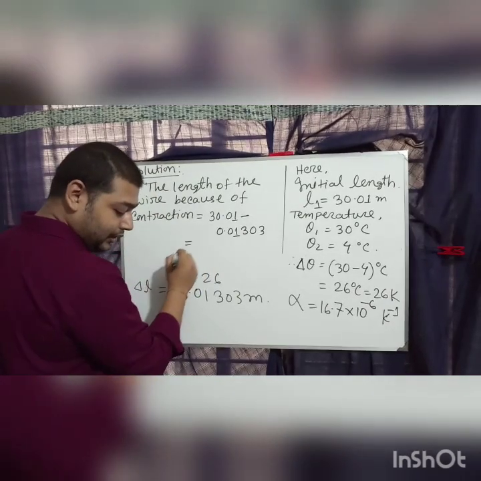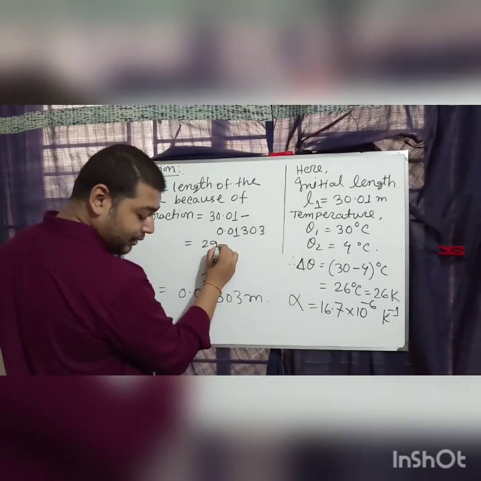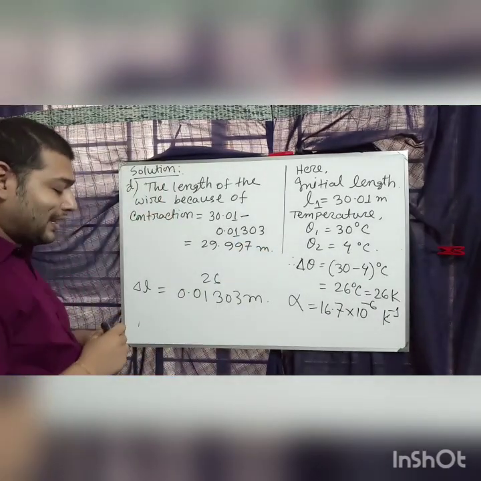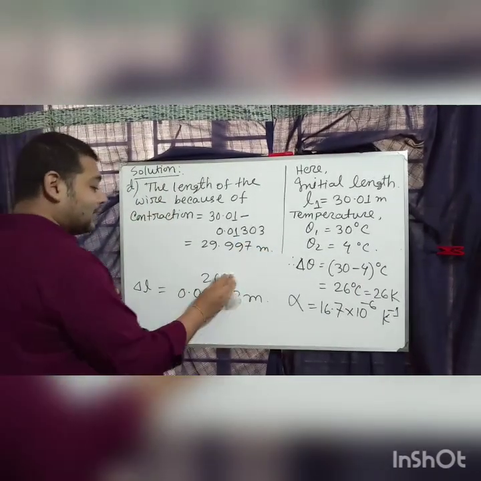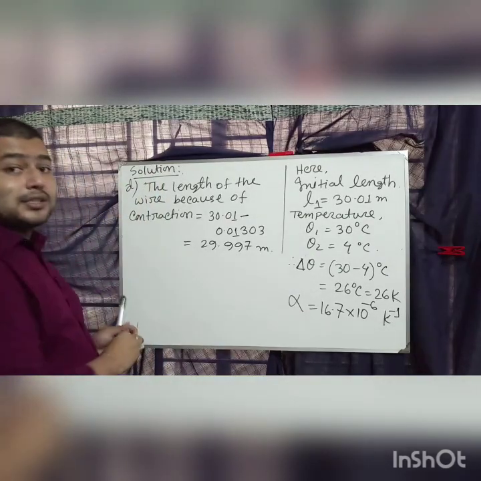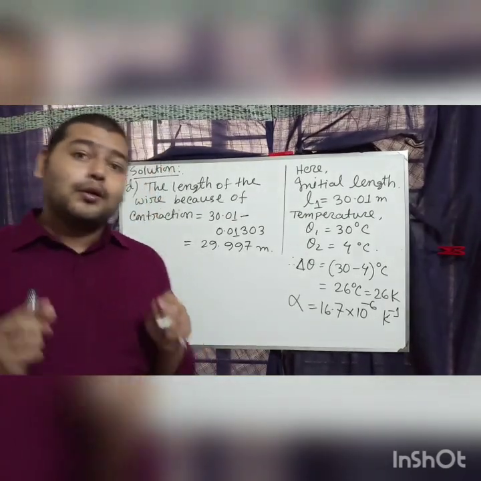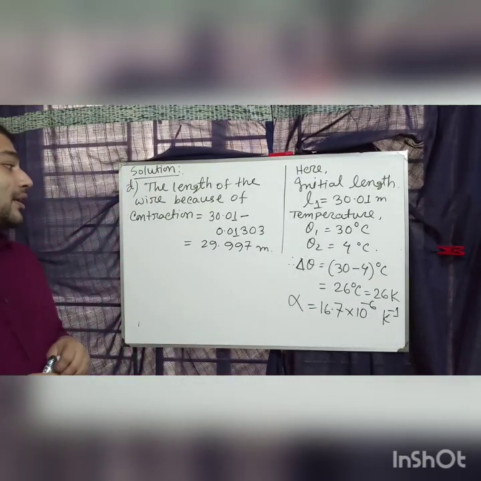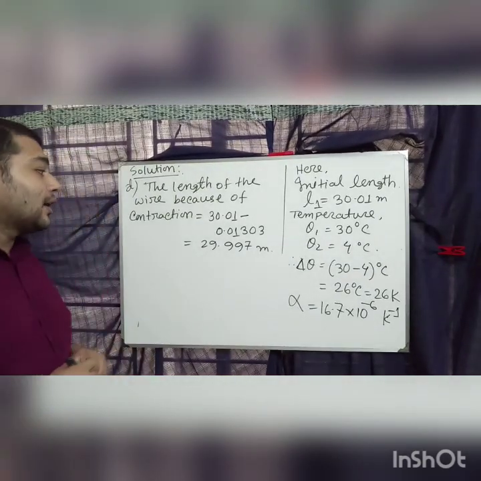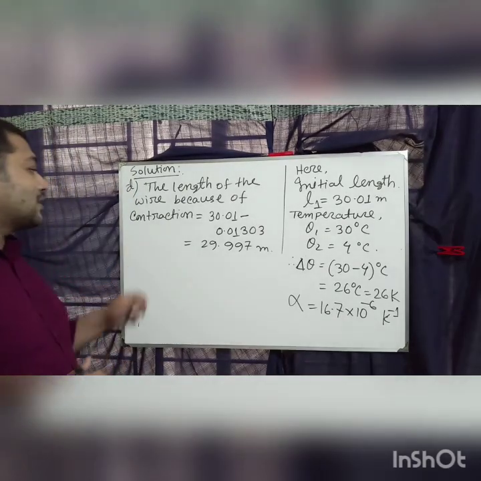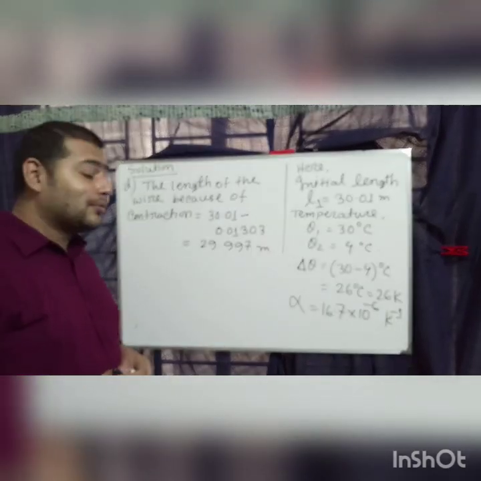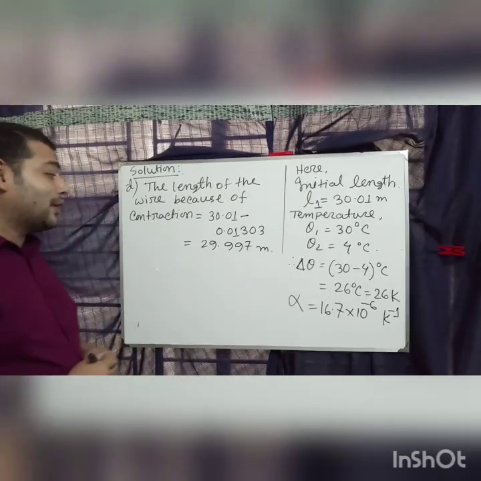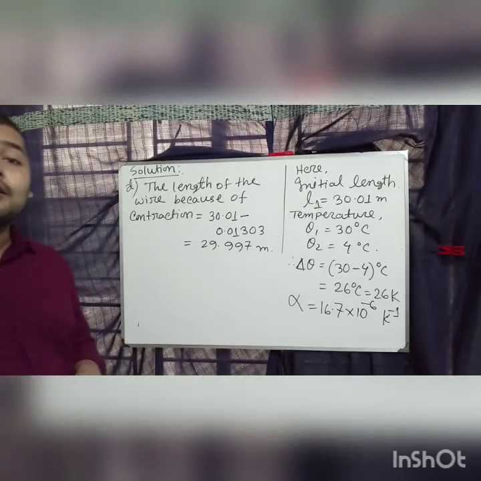The final answer is 29.997 meter. So the distance from pole to pole is 30 meter, but in winter, after contraction, the length of the copper wire becomes 29.997 meter.